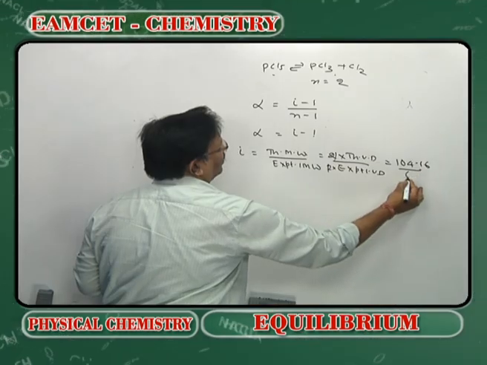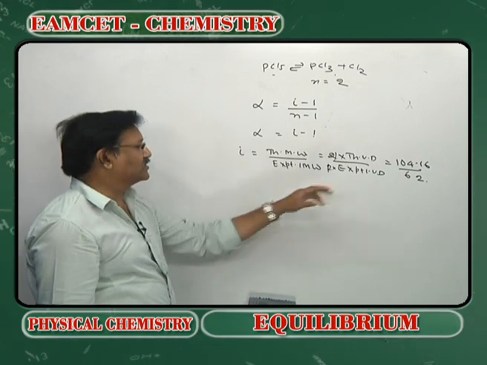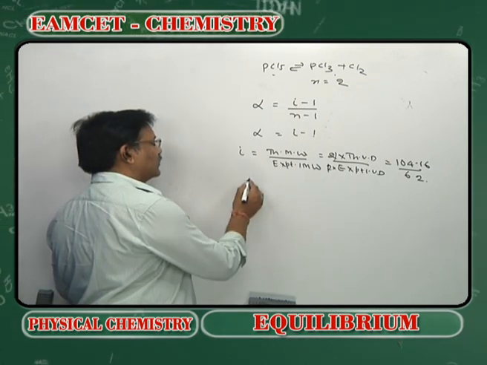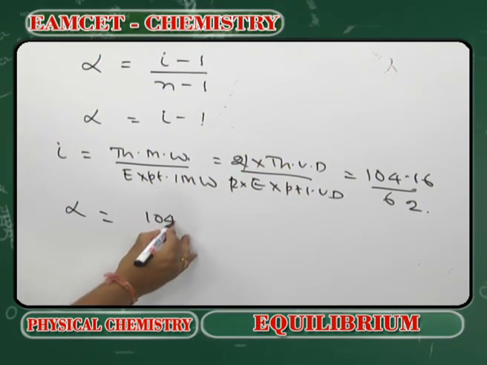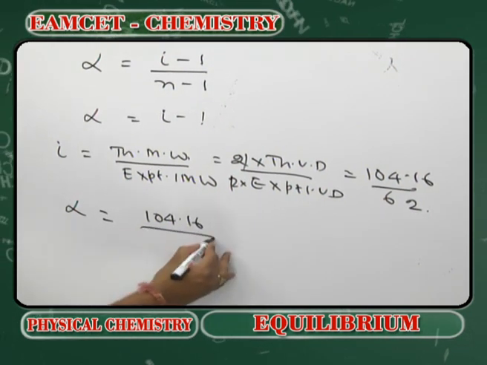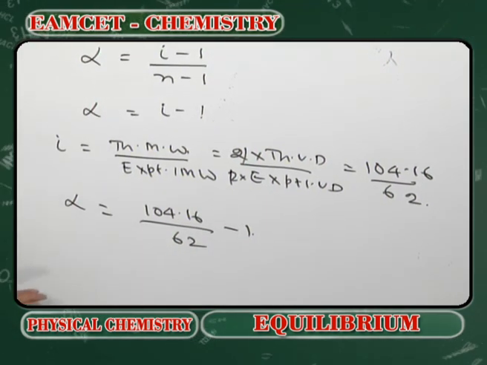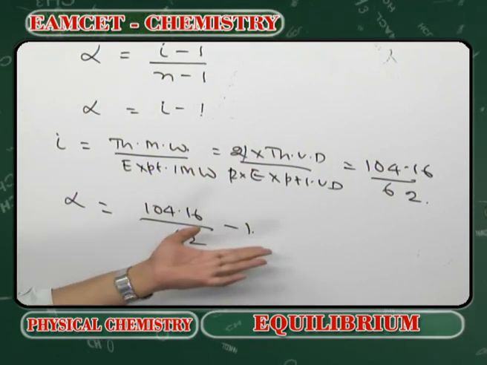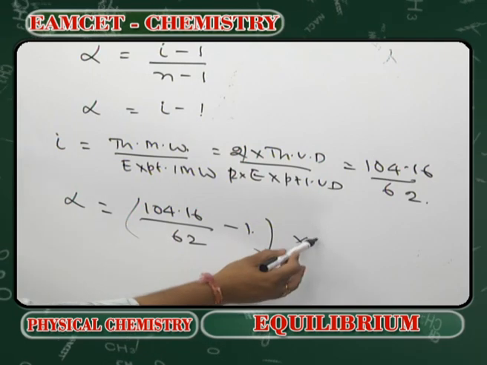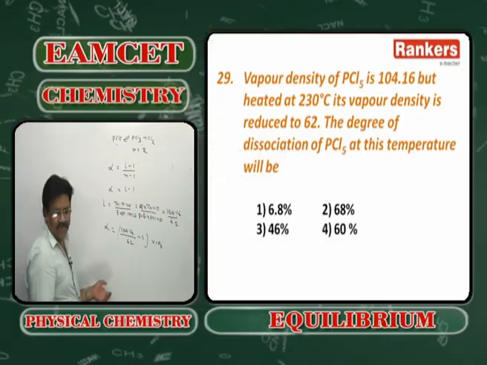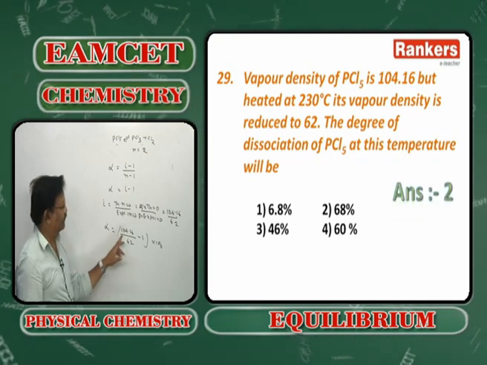What is the experimental vapor density? 62. So alpha is equal to 104.16 by 62 minus 1. If you want the percentage, multiply with 100. It's around 68%.